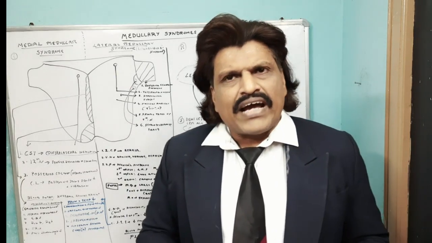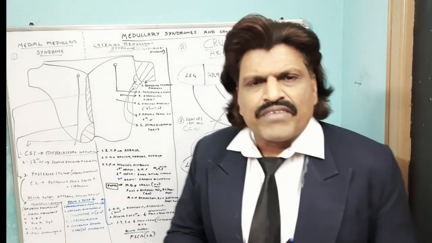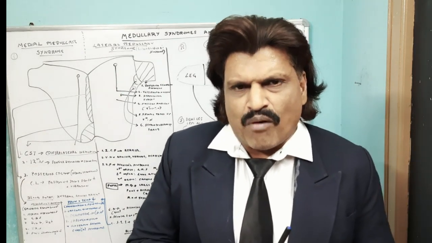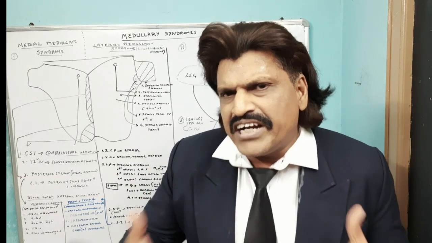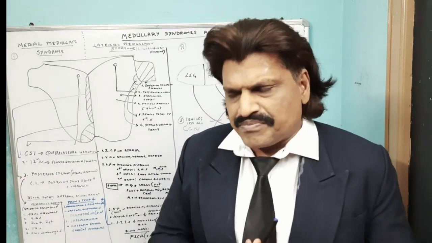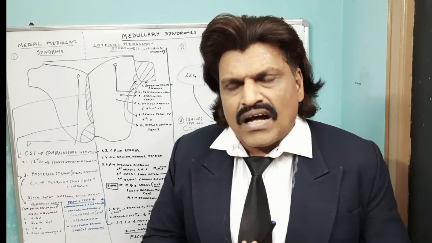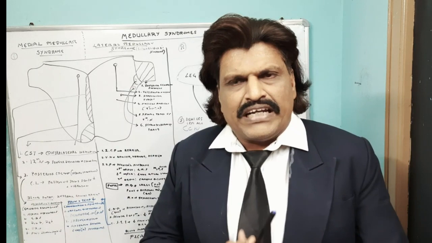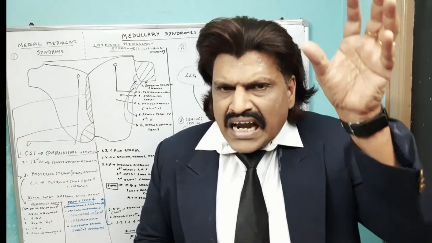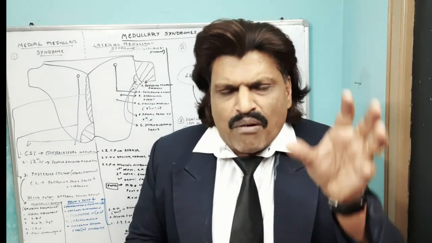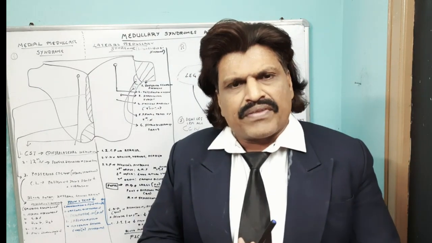But before I actually begin the lecture, I want to talk about a very interesting and exciting point just to generate interest in students and young residents, though I'll be talking about it in detail in the due course of my lecture. We have the sympathetic tract running in the entire brainstem, midbrain, pons and medulla oblongata.